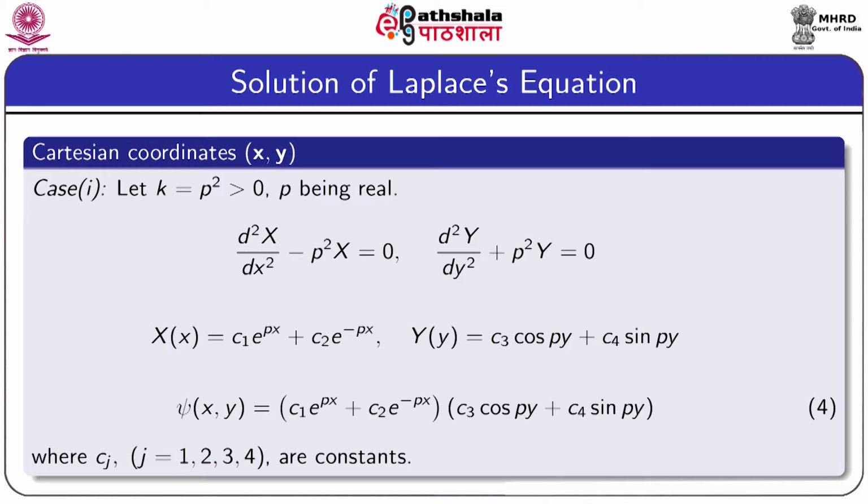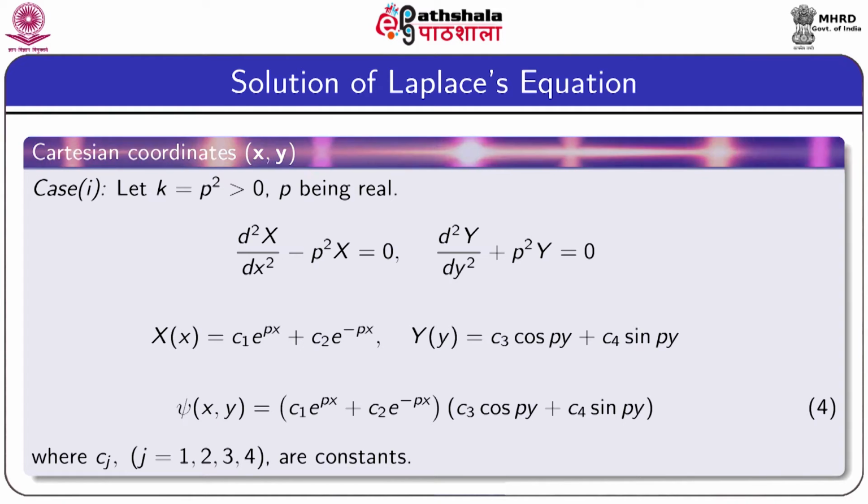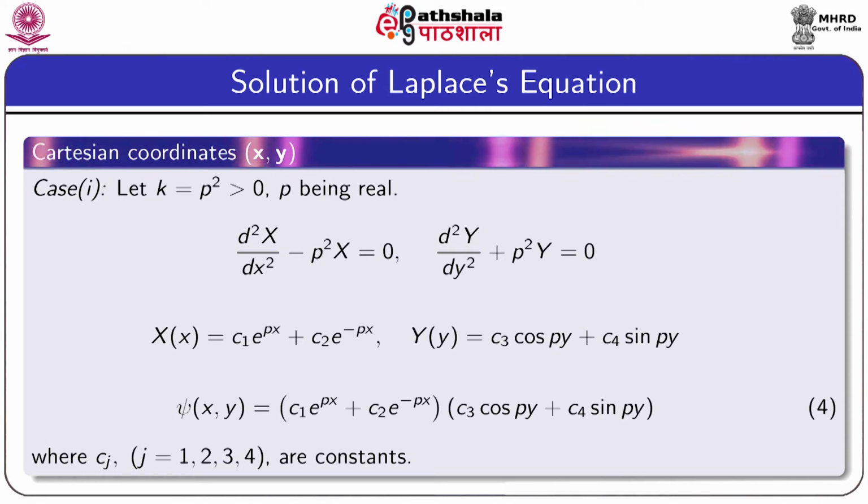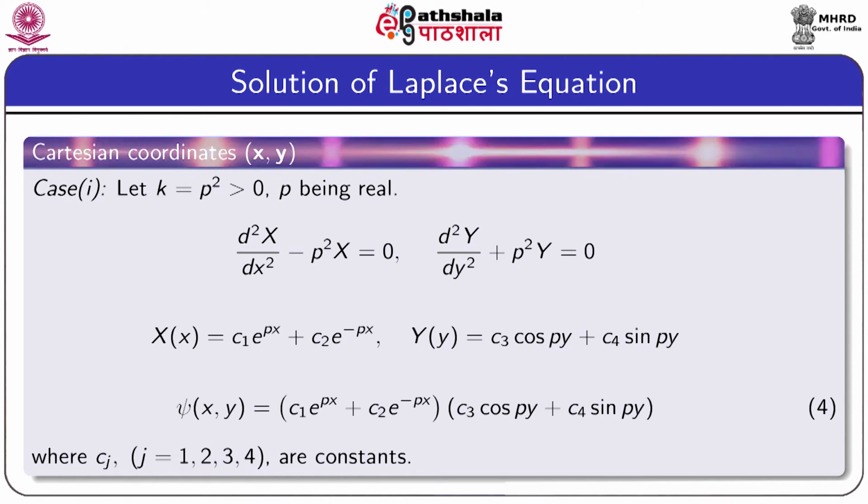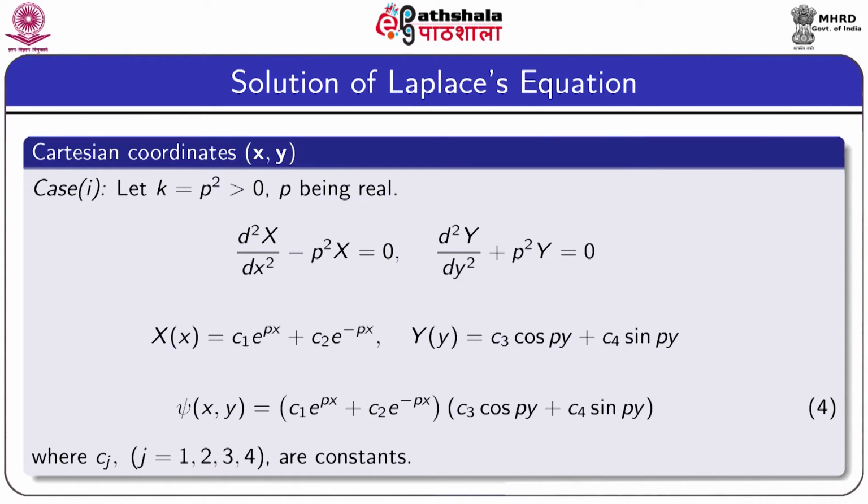Now, this separation constant k may take different values. So, according to the values of the separation constant k, 3 cases may arise. First, we take the case where k is positive. So, in case 1, k is equal to some p squared, where p is a real number.